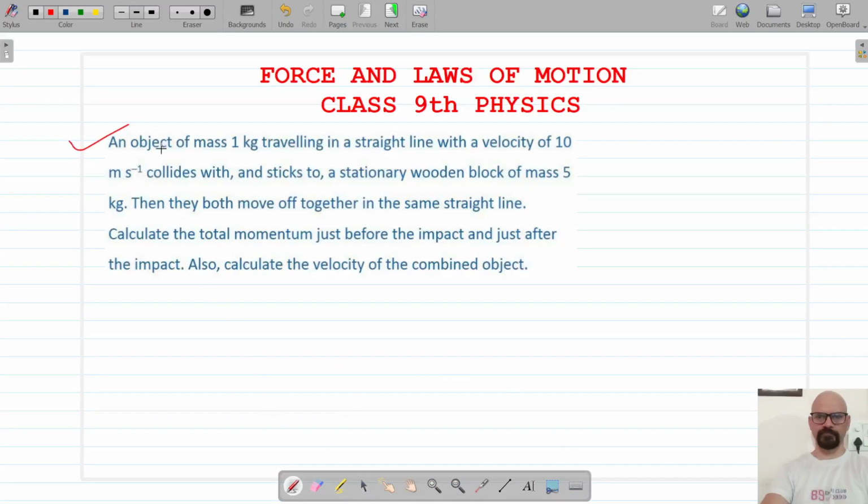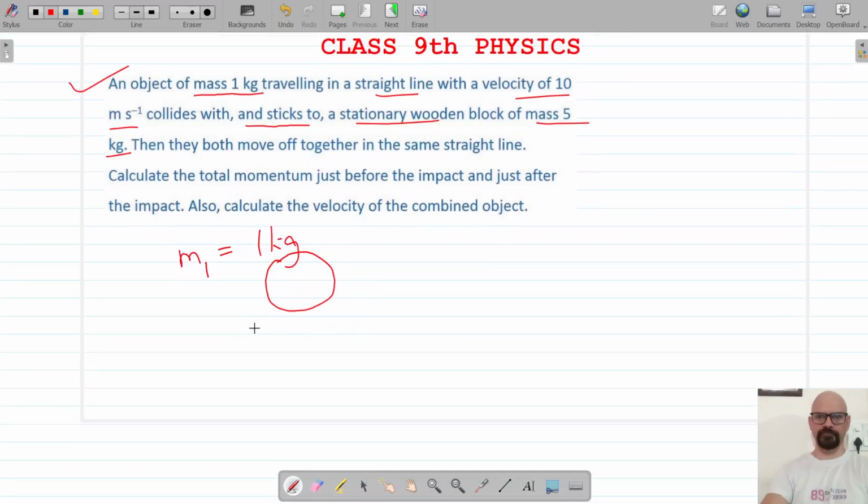Okay, for the next question, it's given that an object of mass 1 kg is traveling in a straight line with a velocity of 10 meter per second, collides with and sticks to a stationary wooden block of mass 5 kg. So let's say this is an object of mass 1 kg, let this be m1, and it's moving in a straight line with a velocity v1 equal to 10 meter per second.